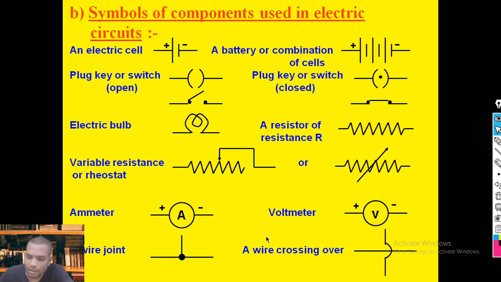Whenever a proper circuit diagram is to be drawn, you need to pick these symbols instead of the components. Suppose you need to draw a circuit diagram which contains a cell, a key, a voltmeter and an electric bulb.